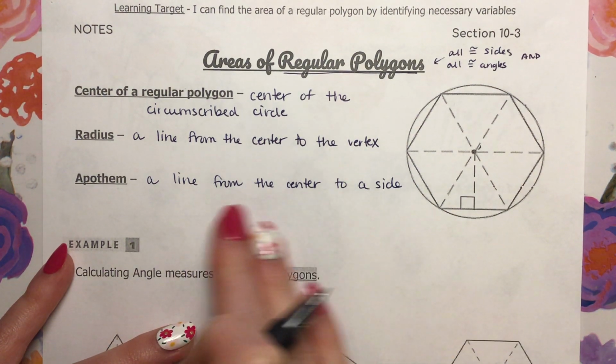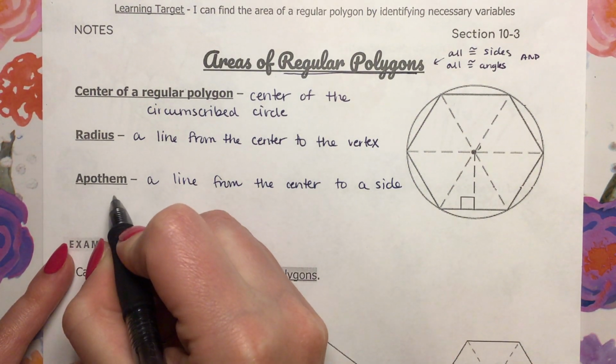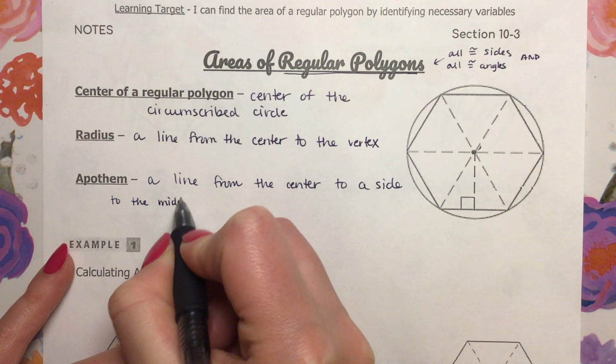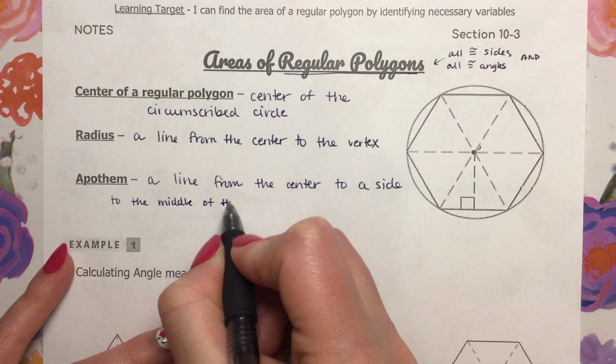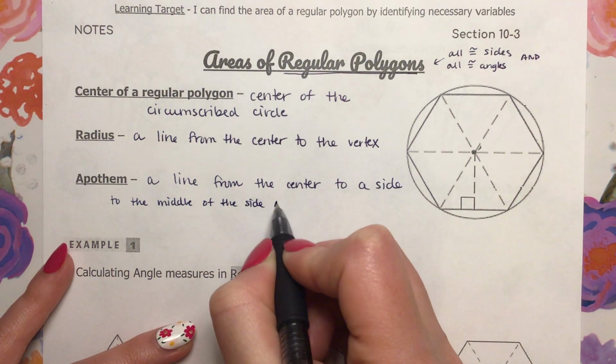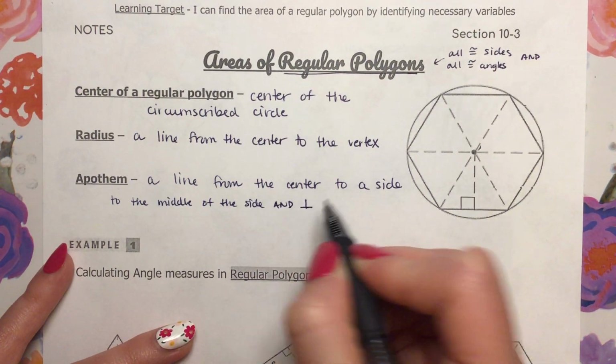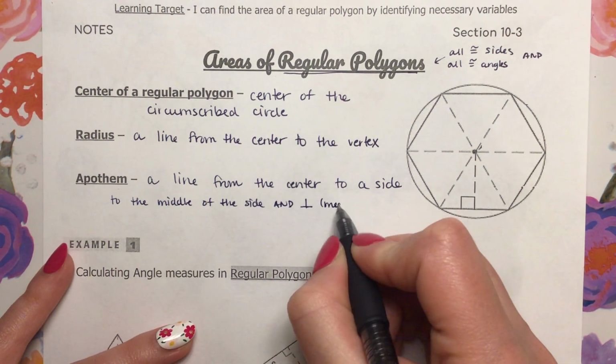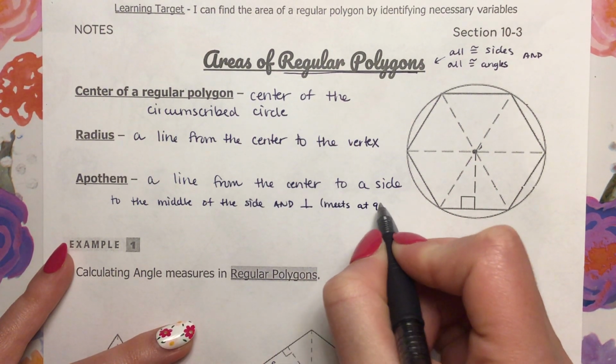Now there's a couple things you should know about that. It goes to the middle of a side, and it's going to be perpendicular. So meaning it meets at 90 degrees.